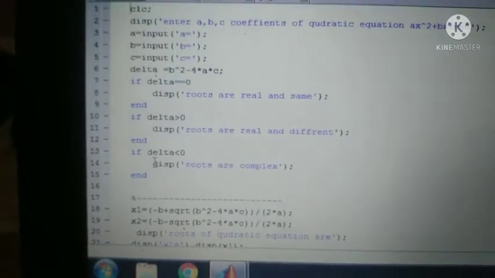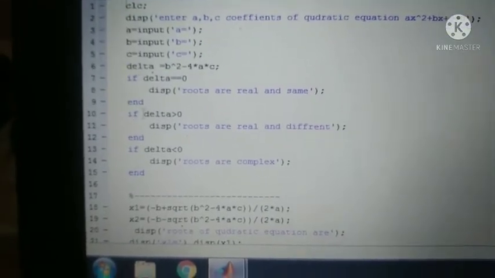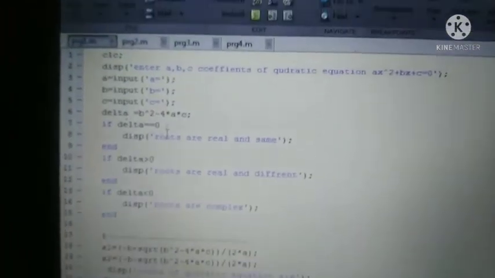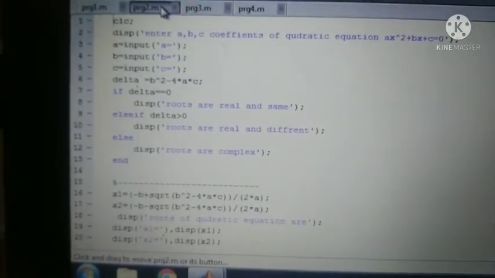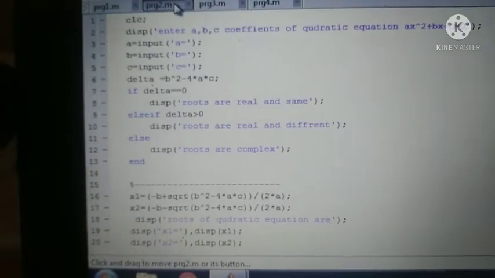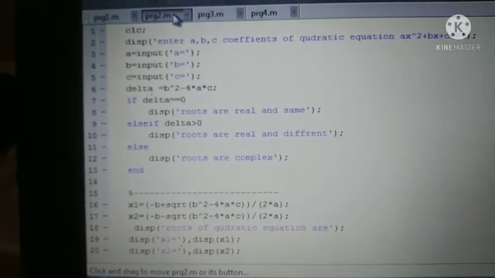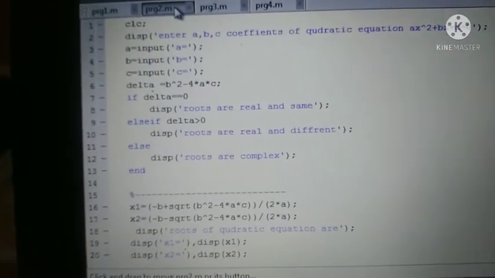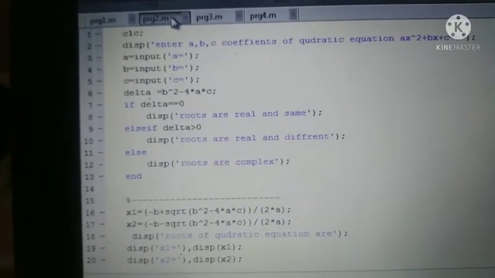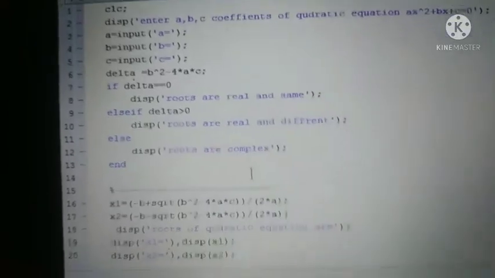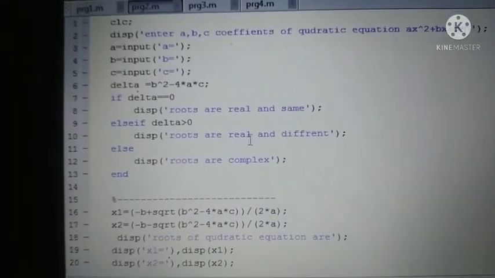Instead of using if twice, we can go for an if else statement. See here we have written the program for the if else statement. In this one I am checking whether the delta value is equal to 0. If the delta value is equal to 0, then the roots are real and same.